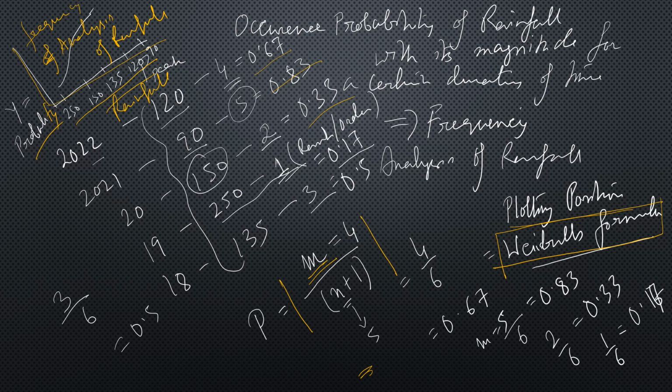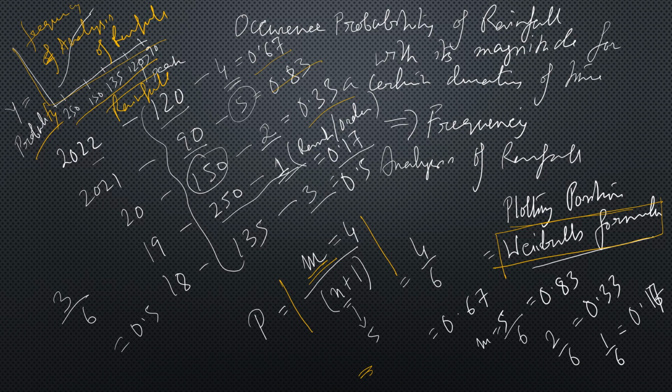The next is for in-depth analysis of that same concept. We try to find the relationship between the probability of the event with respect to the magnitude of that event. For that we use the Weibull formula, and I have already explained what you have to do.